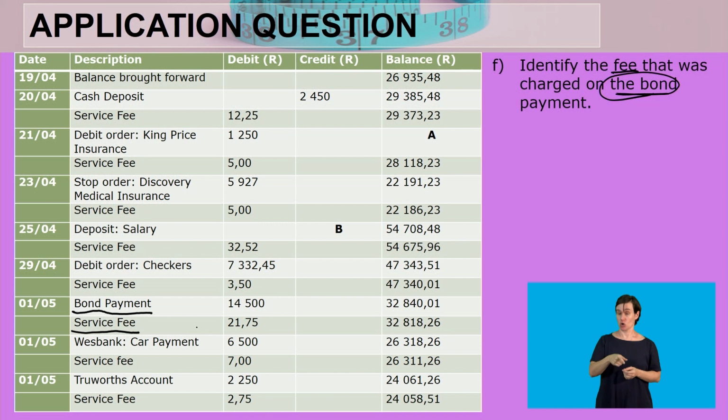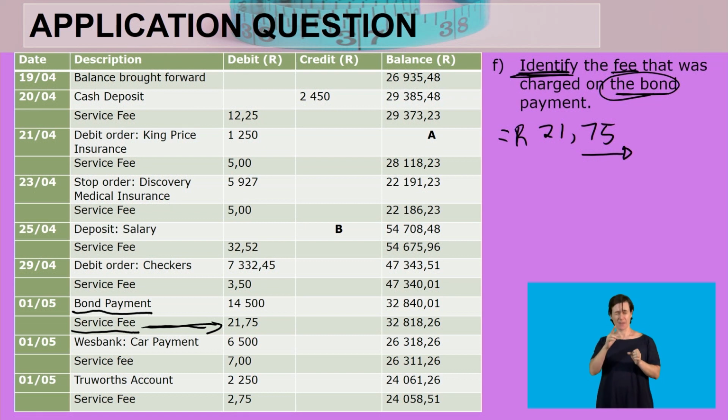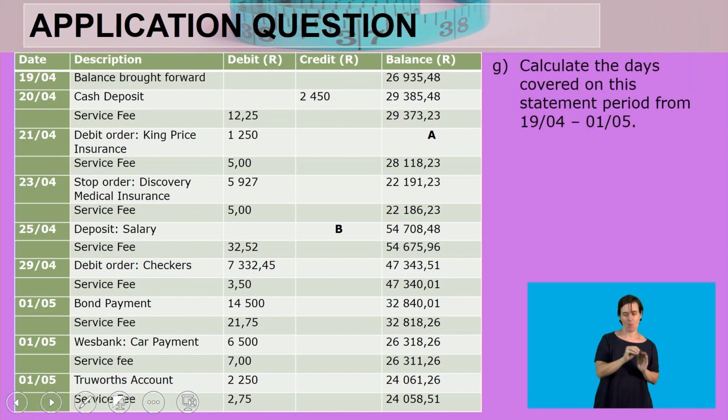The service fee on this statement appears to be 21 rand 75 cents. Yes, that is the fee that was charged. The question was to identify, so we are not calculating, we just indicate the amount.